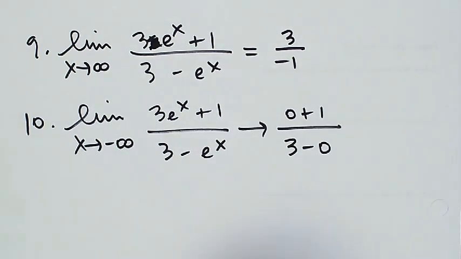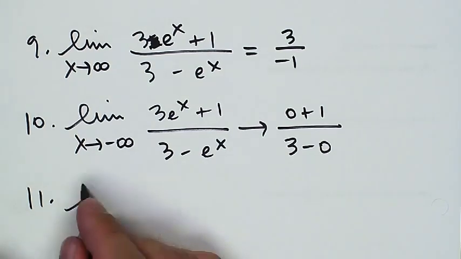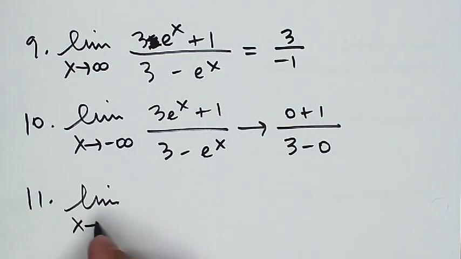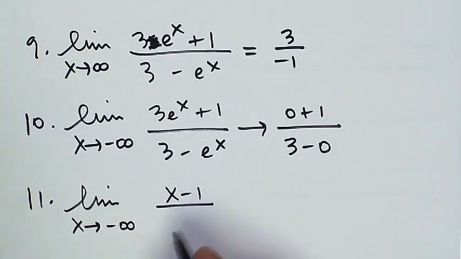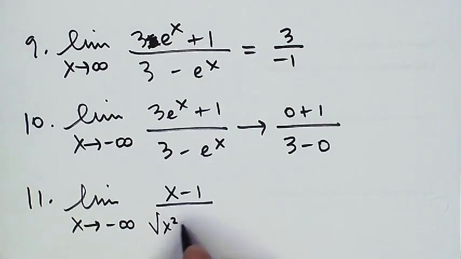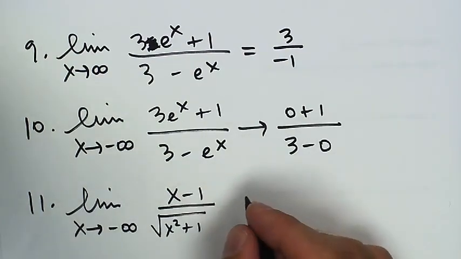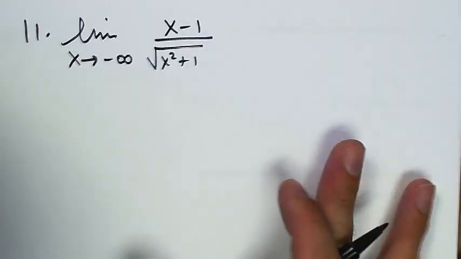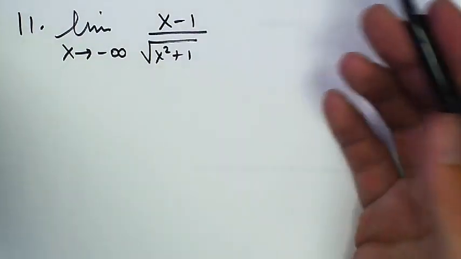Number 11, this is a good example. The limit as x goes to -infinity of x minus 1 divided by the square root of x squared plus 1. Now as x approaches -infinity, this is one of those ones where you have to be careful because of a potential double horizontal asymptote. So I know that I have to be careful about the sign.